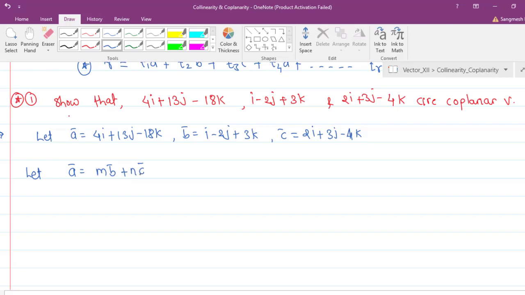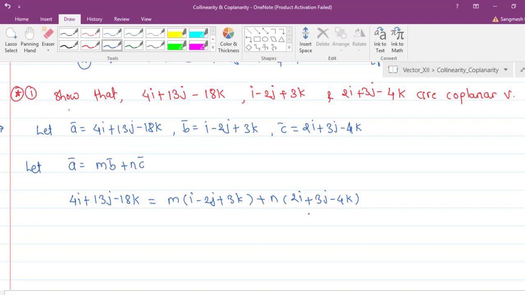So let's substitute the given values. A bar is 4i plus 13j minus 18k, equal to m into (i minus 2j plus 3k), which is B bar, plus n into (2i plus 3j minus 4k), which is C bar.